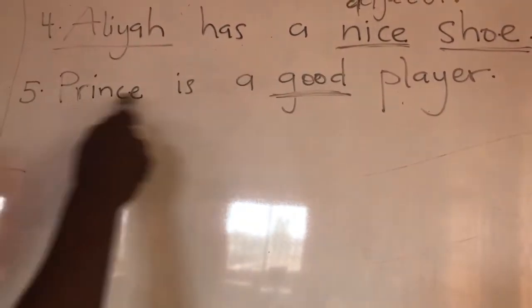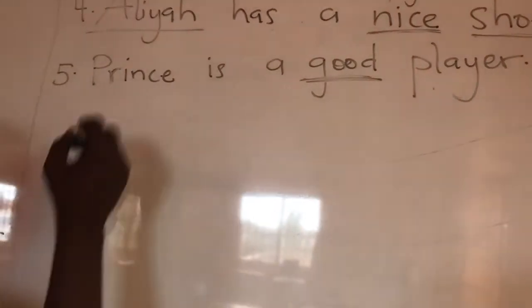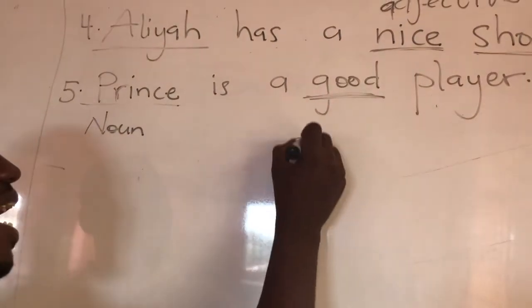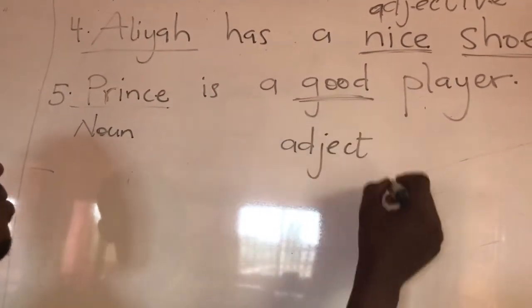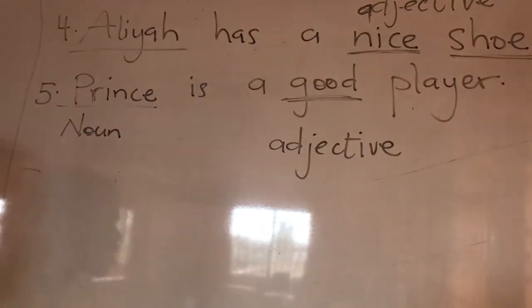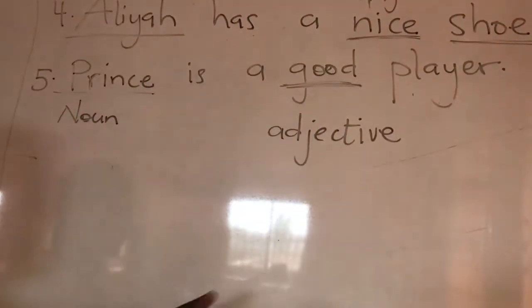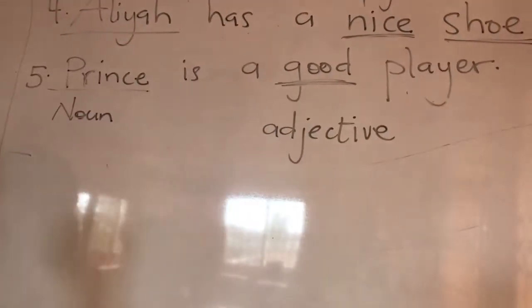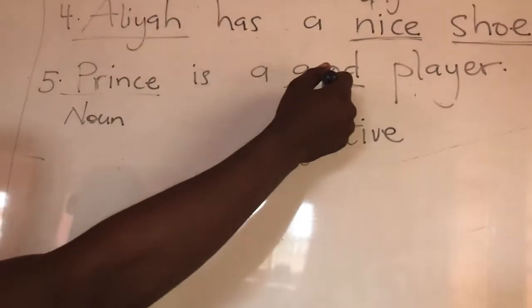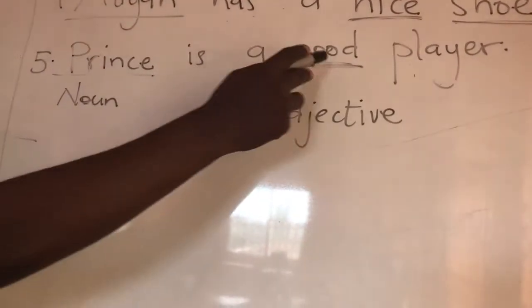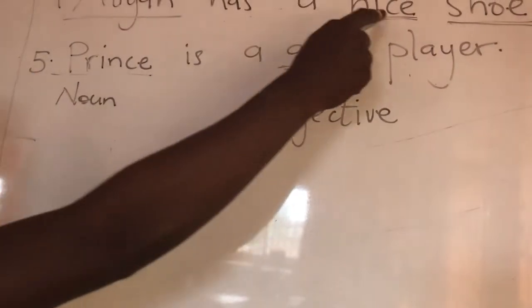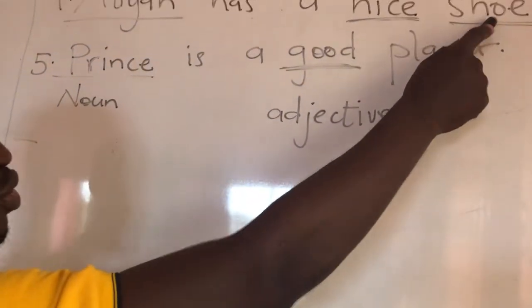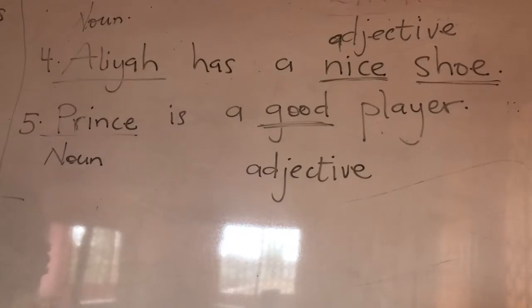The Prince here is the noun. Good here is the adjective. Do you get it? So the good here is describing Prince, just like nice is describing the shoe. It is telling you how the shoe is. Okay, good.